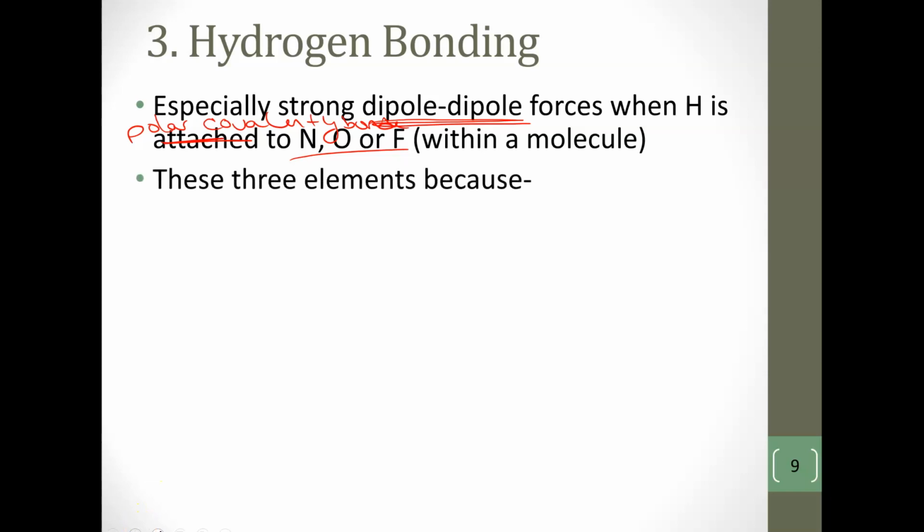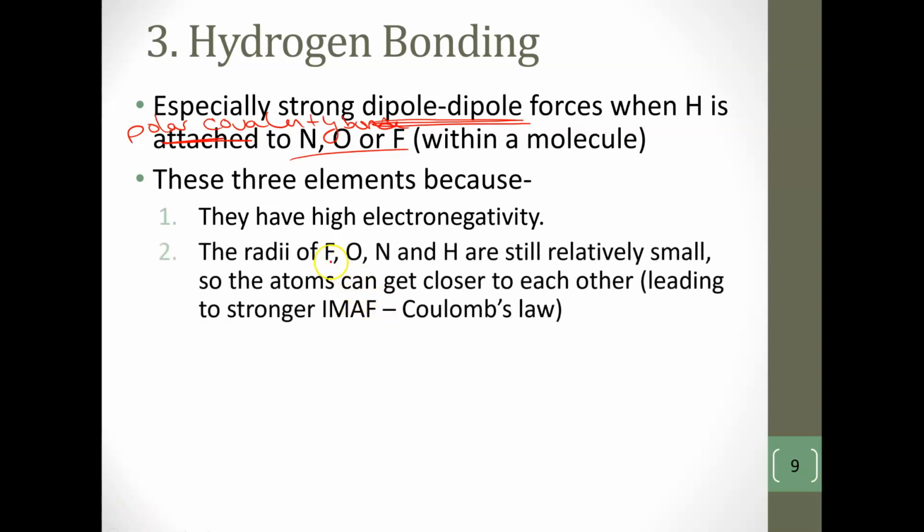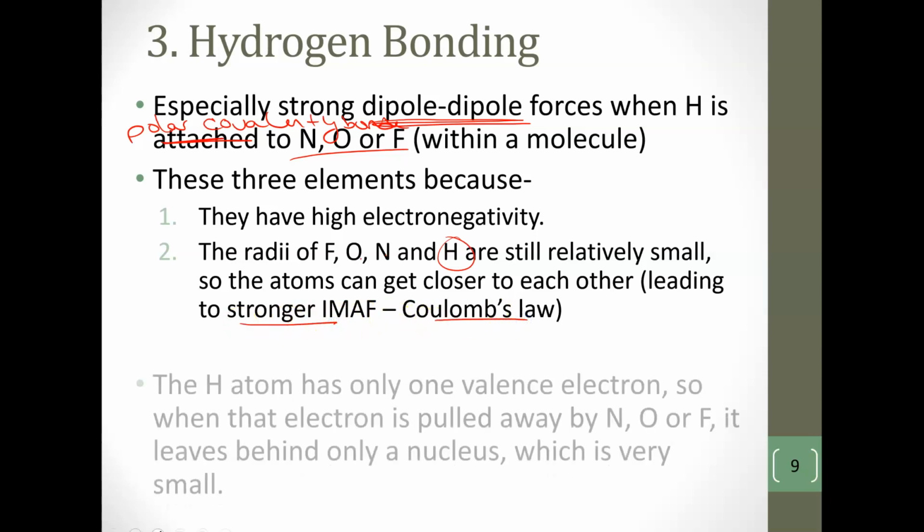What happens is those three elements are extremely electronegative. And because they're very electronegative, they can pull the electron away from the hydrogen, and because their radius is really small, they can get closer to each other, which means stronger forces because of Coulomb's law.